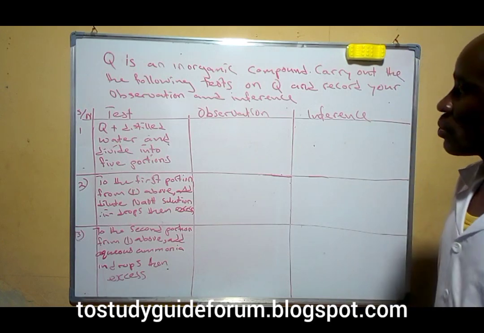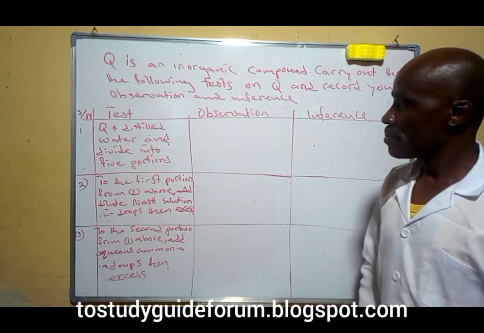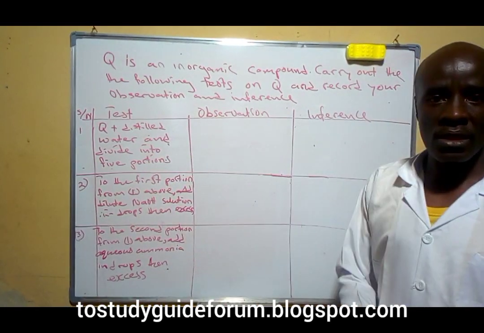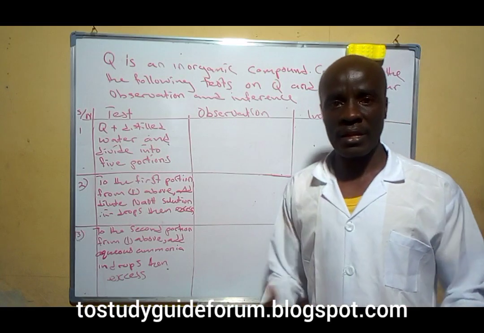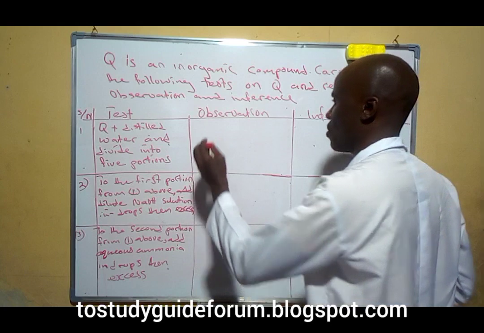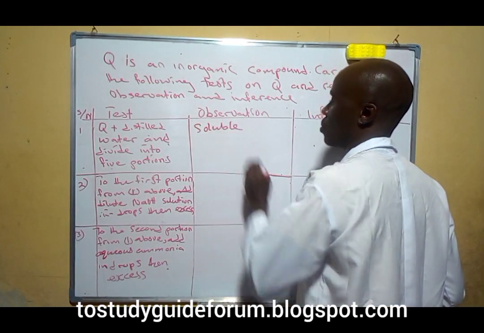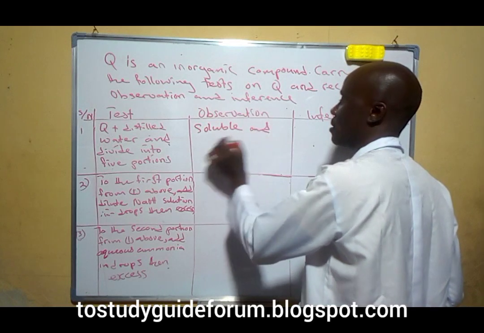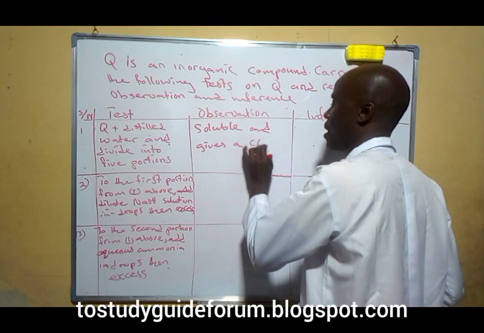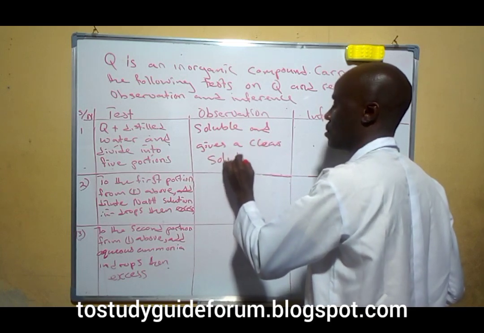We have Q plus distilled water, and then divide into 3 portions. That means you add a sample of it in distilled water and divide it into 3 portions. Our observation is that the sample is soluble and gives a clear solution.